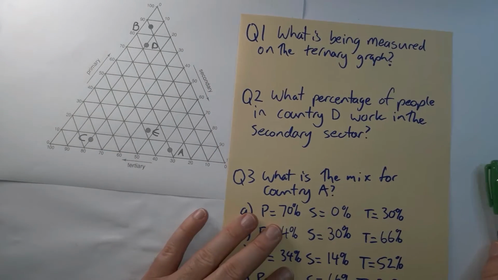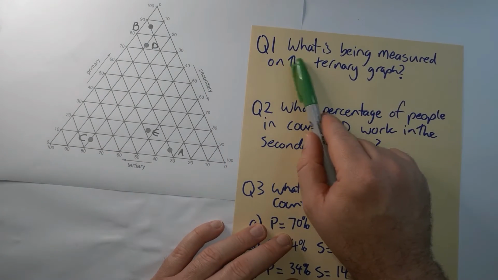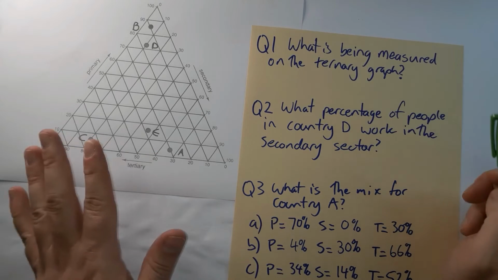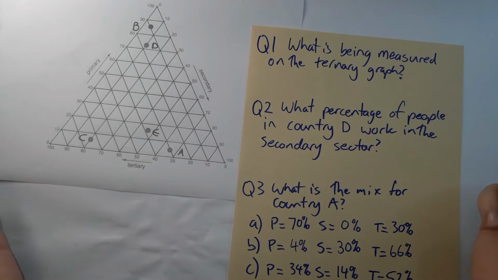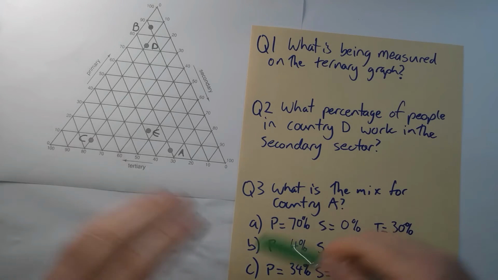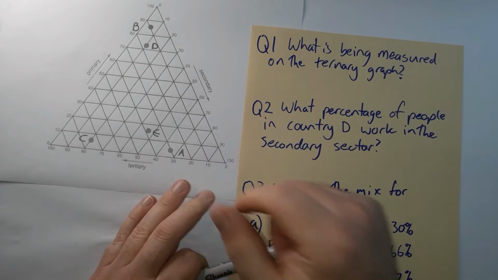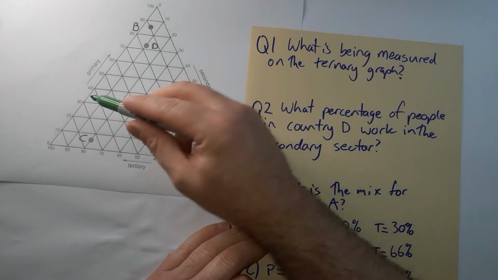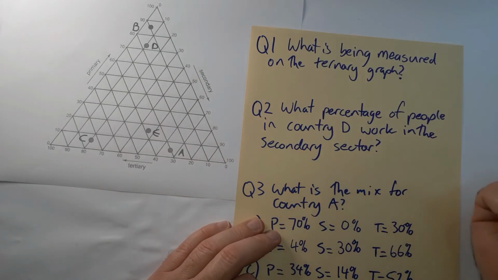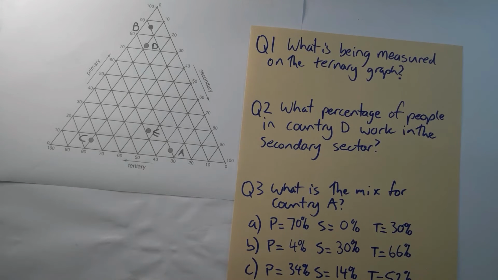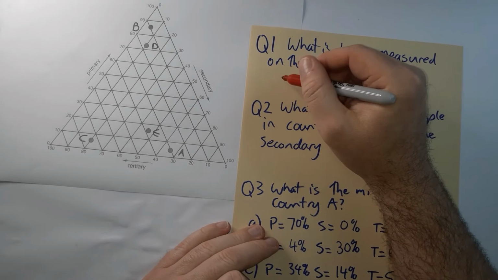Here's 3 of them. What is being measured on the ternary graph? Now this one doesn't have a title, so it's not a really effective ternary graph, but here we go. I've got primary, secondary and tertiary sectors, and if I see those as a geographer, this requires a bit of background knowledge, but the answer I'm going to give is that these are talking about sectors of the economy.